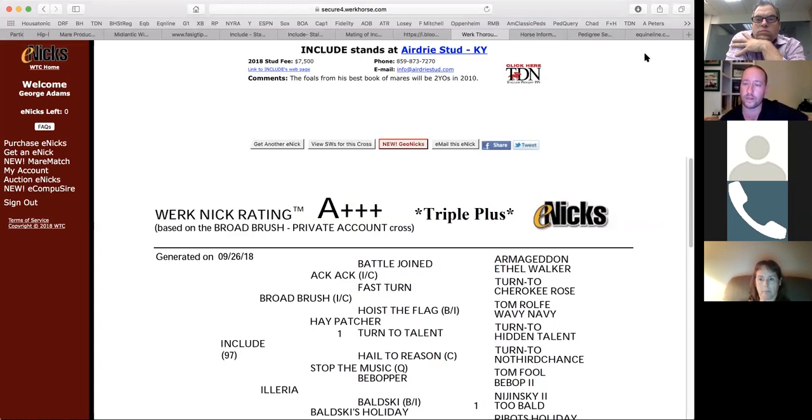Include was on there, and Jumpstart and Great Notion are the two local stallions that I put on there too, because both of them have strong percentages, 5 and 6% stakes winners from foals, and they both have higher average earnings indices than their comparable indexes, which means that they do better than their opportunities. They move their mares up. They give a mare the best chance she has of getting a good foal, good runner.